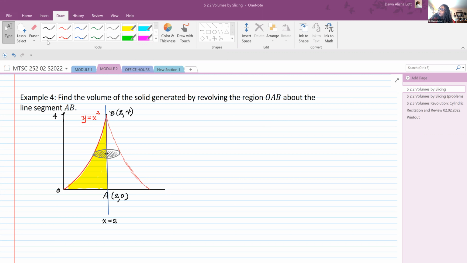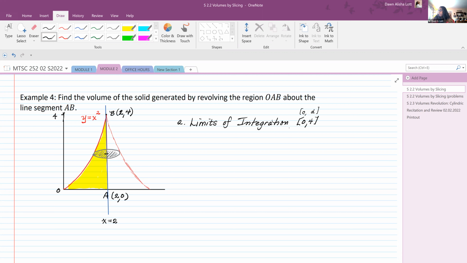So I already know that my limits of integration are 0 to 4. So that's going to be my dy, because my disk is moving like this. Okay, so I know that I'm going to have dy.